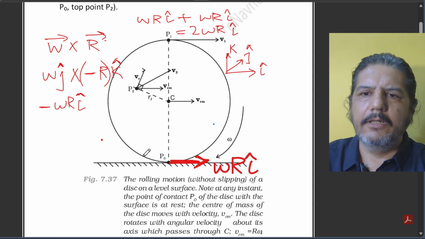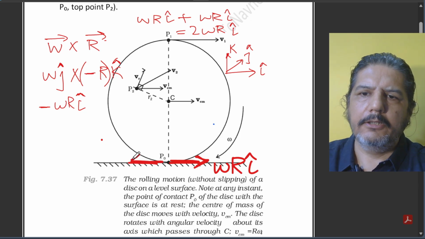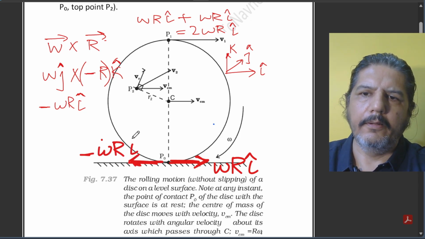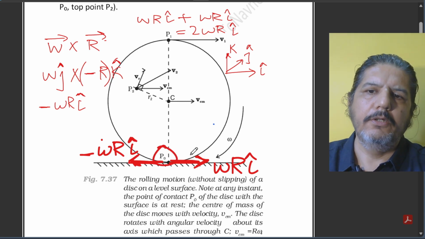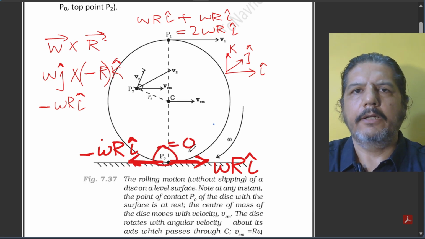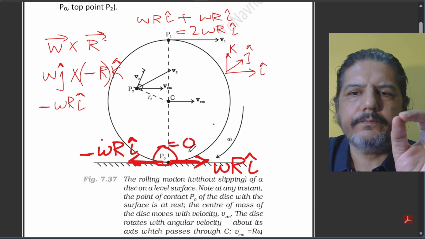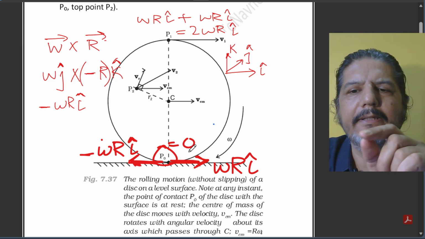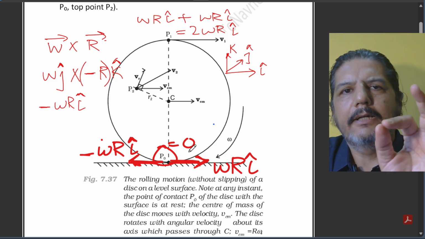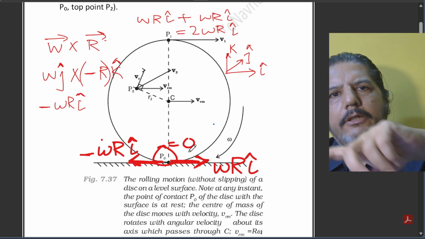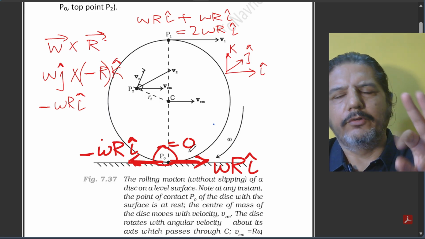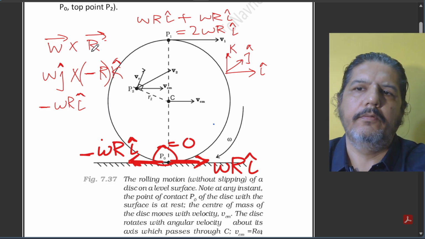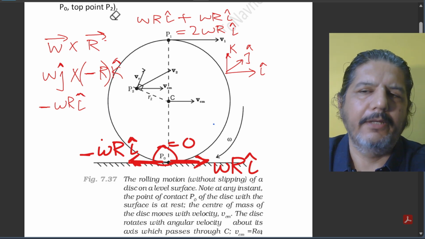But now the rotational part is in this direction. So this is minus omega Ri. And that is why this P naught, that is why you'll find in the books when they write that P naught is equal to 0, that the lowest part of the rolling wheel is equal to 0. Hope it is making sense till here.